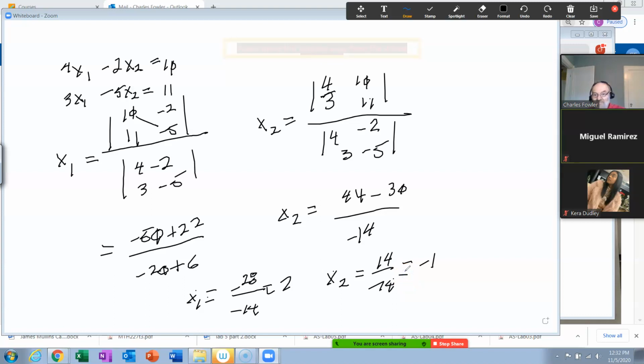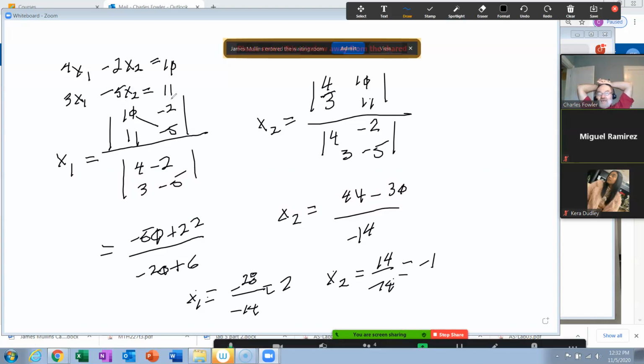Okay, let's see if that indeed works. This would be a 2 here. 4 times 2 is 8, plus 2 times 1 is 10, is 2. That gives you 10. That works. And this one would be 3 times 2 is 6, plus 5 is 11. Yep, there it is. Okay, without very difficult mathematics at all.